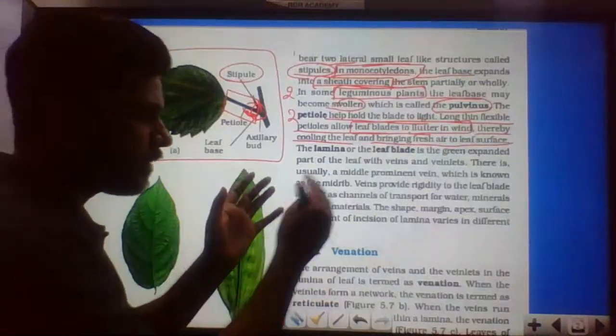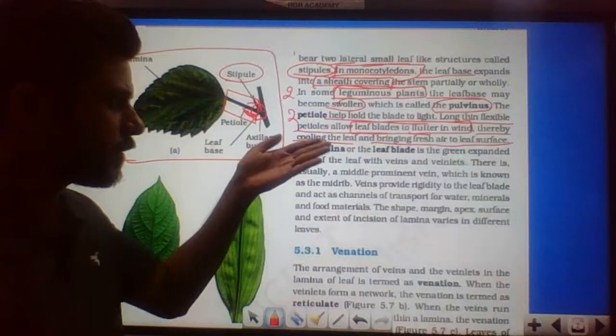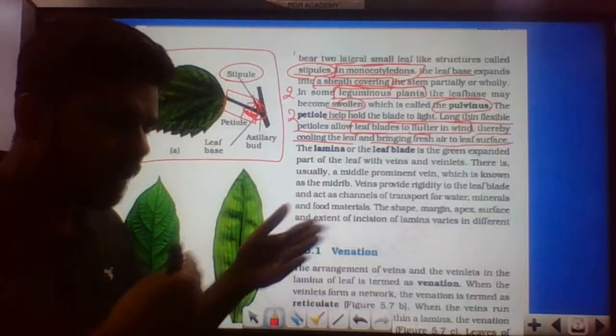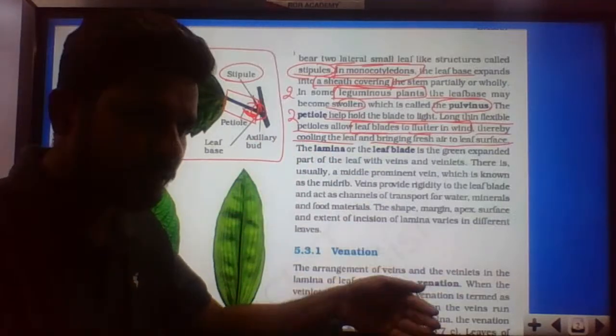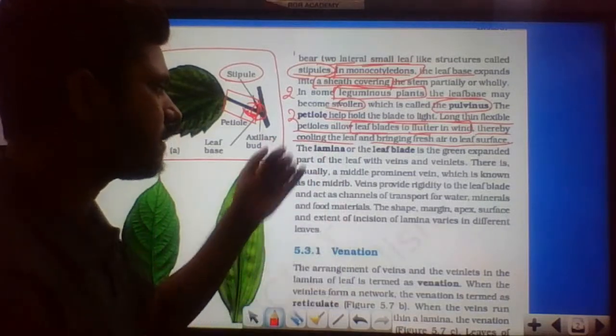So these are the roles of petioles: it allows the leaf blades to flutter in the wind, therefore cooling the leaf, and bringing fresh air to the leaf surface. It is a very important point. We can expect all three statements with options, and the fourth being all of the above.